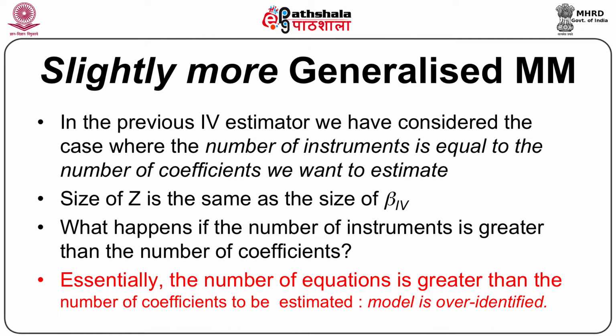Now, let me ask the following question: what happens if the number of instruments is greater than the number of coefficients? Essentially, the number of equations is greater than the number of coefficients to be estimated. If this is so, then the model is over-identified.